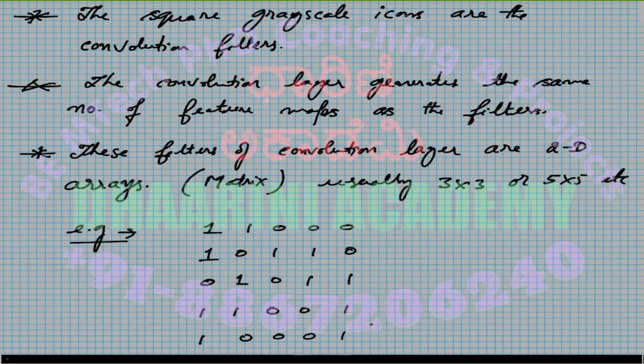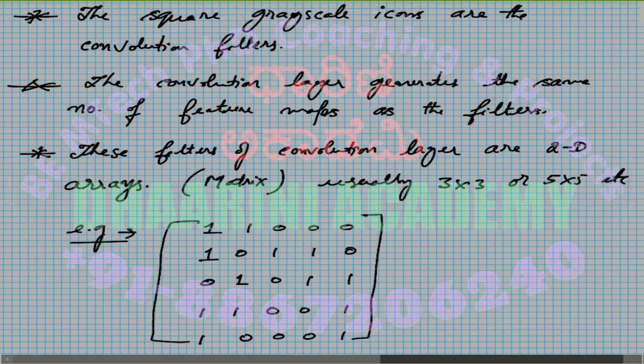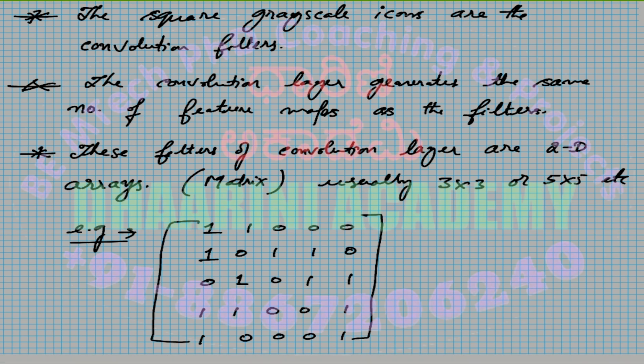You can see that this is a 5 into 5 example of a filter. In the previous example also we considered filters of 5 into 5 size. Instead of writing a value over there, we wrote the grayscale values.